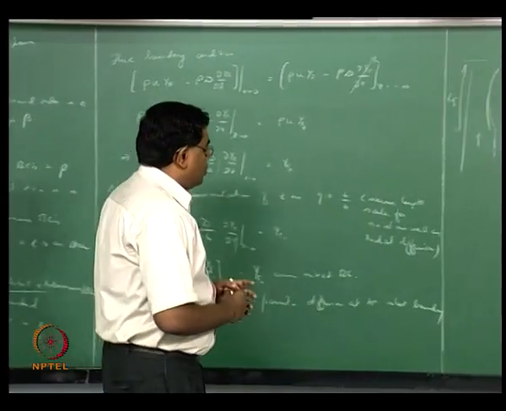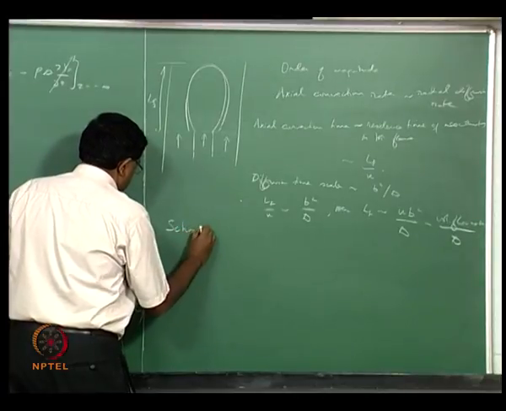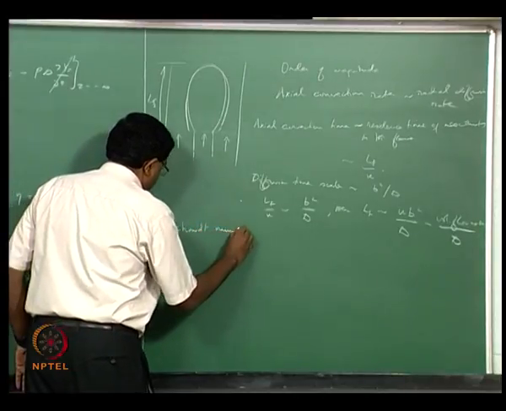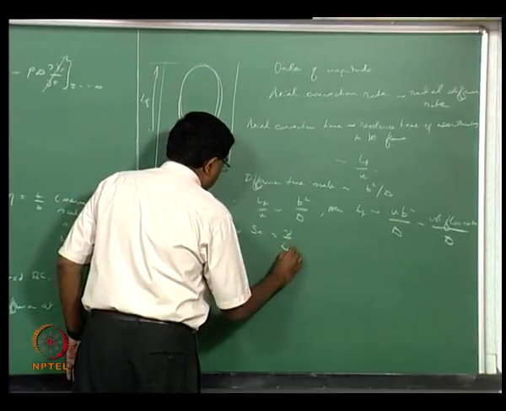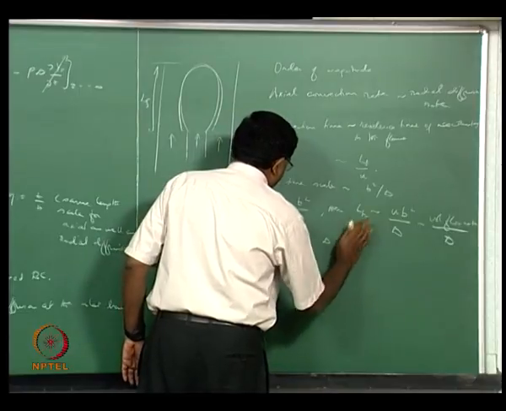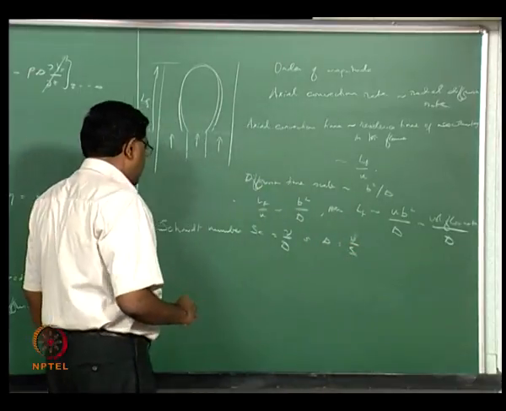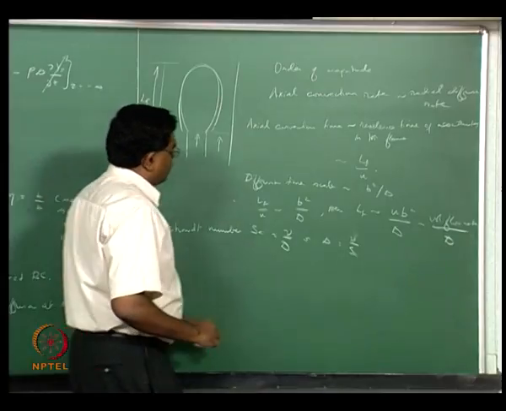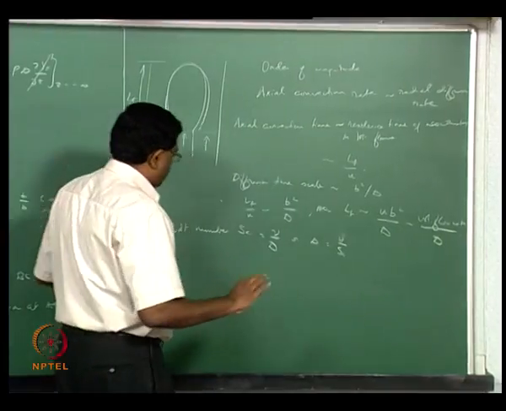The way you can do this is to look at the Schmidt number. Sc is essentially equal to nu over D, or D goes as nu over Sc. So for a constant Schmidt number, let's not worry about how the Schmidt number varies, typically we don't have to.